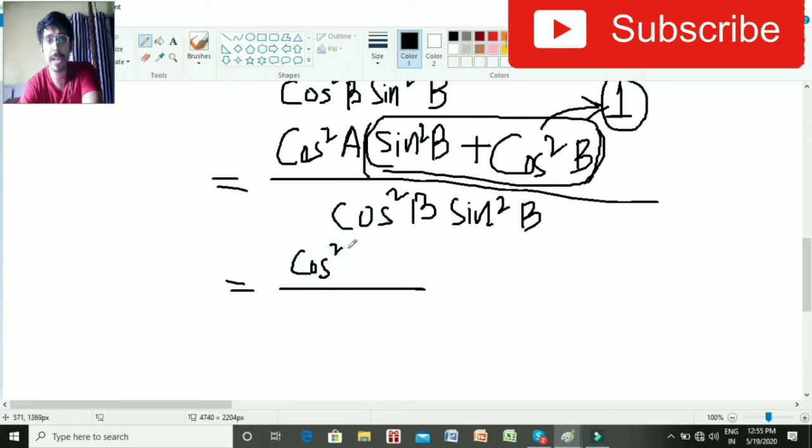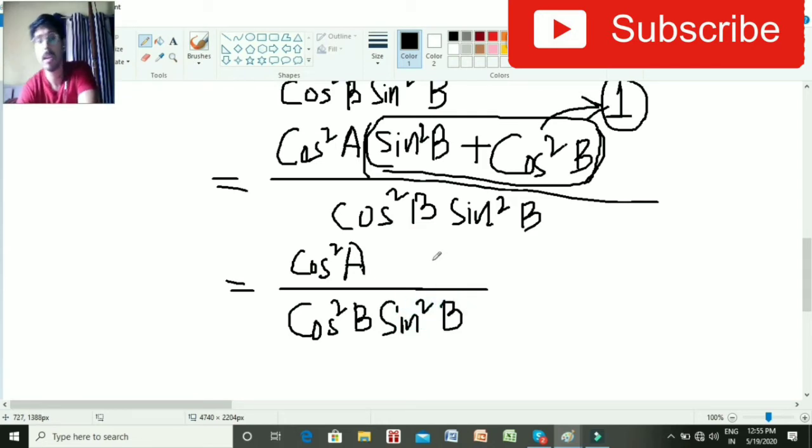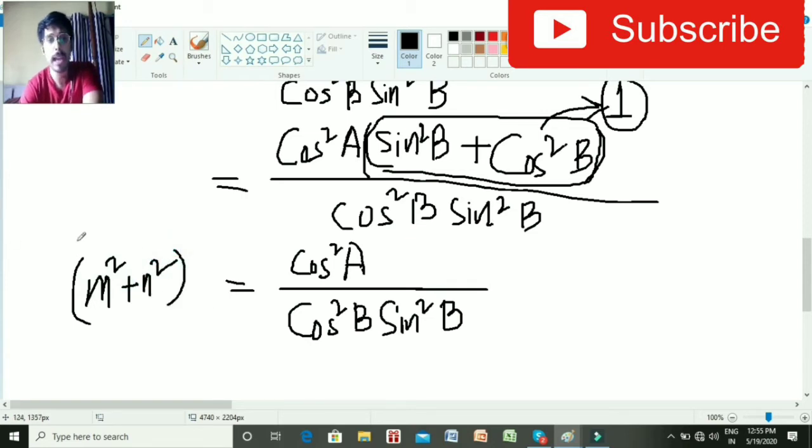So cos square A, and in the denominator we will have cos square B and sin square B. Okay, so that is the answer of m square plus n square. This is the final value for m square plus n square.